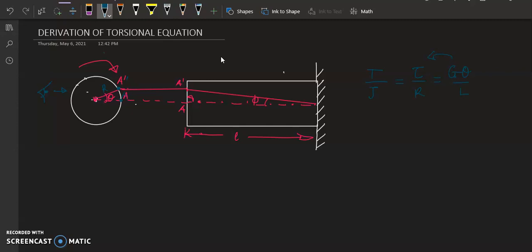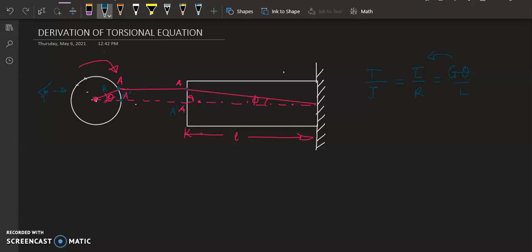Now, we're going to project these points to this end here. So we're going to have A prime. Now, ideally, we are supposed to have A at this point, and then A prime to be the other position after twist.